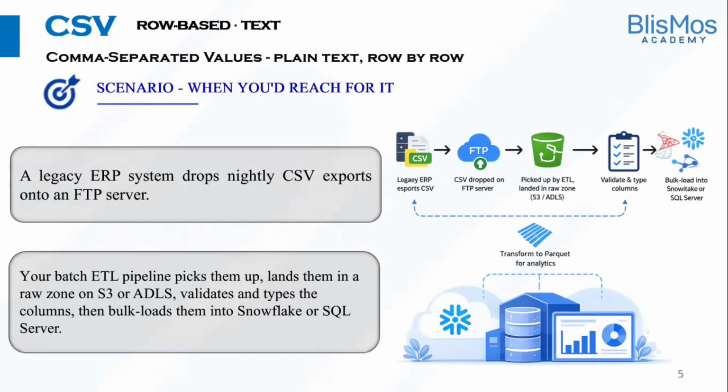Your batch ETL pipeline picks up that file and lands it into the raw zone, something like ADLS or Amazon S3. From there, you validate the data, apply the required data types and transformations, and finally load it into a warehouse such as Snowflake or SQL Server. This is a very common use case for CSV.